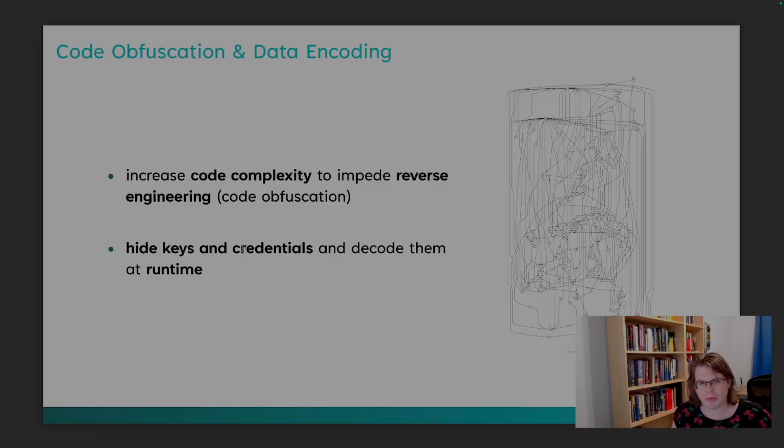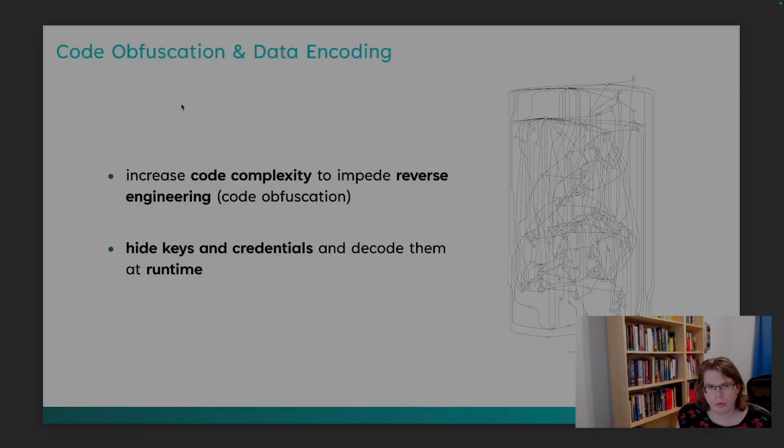And you can also arithmetically hide keys and credentials, like in an encrypted or encoded format, and then decode it at runtime, such that if you have a decoding algorithm that looks like that, understanding what's really going on there, and seeing the data that you want to unprotect is significantly harder.